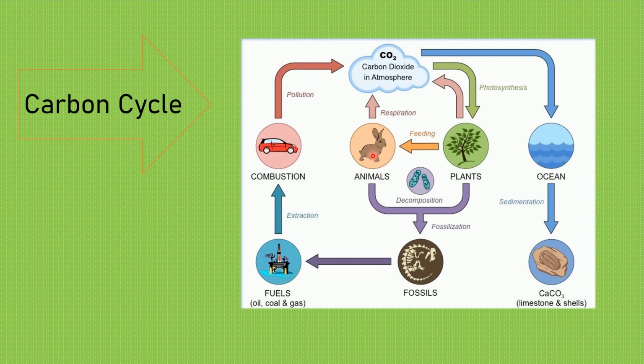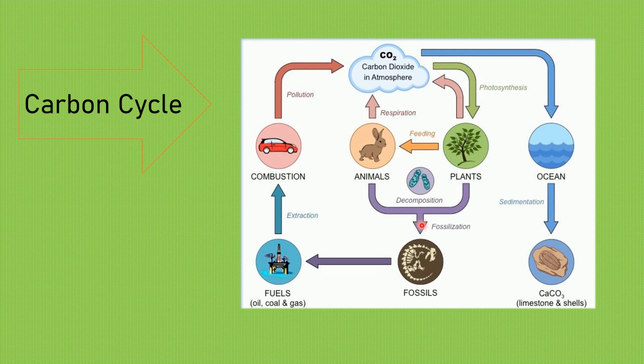Then, another natural event, which of course does not occur in living organisms but in dead organisms. When plants and animals die, they are decomposed by microorganisms, which are called what? Decomposers, fungi and bacteria. When they decompose, they turn that organic matter into minerals, thereby also releasing some amount of carbon dioxide.